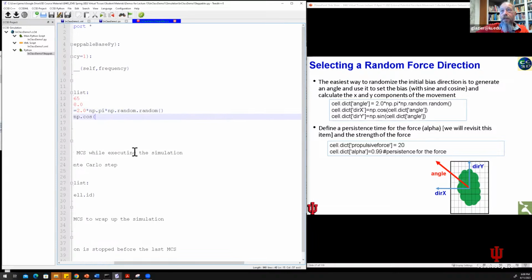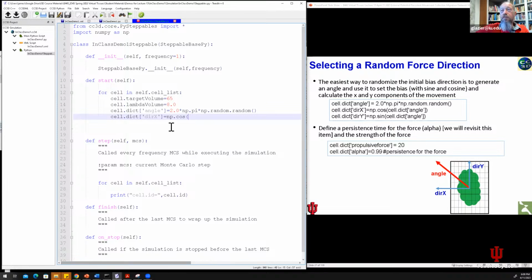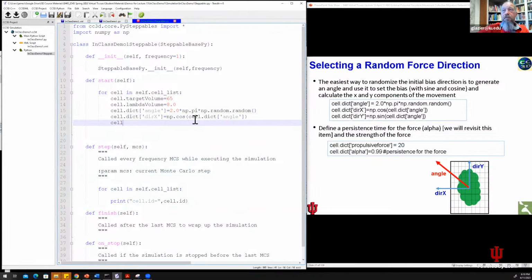Oops. Easy to make a mistake there. NumPy cosine of that angle. And I'll make the same thing for y. Sine of the angle.